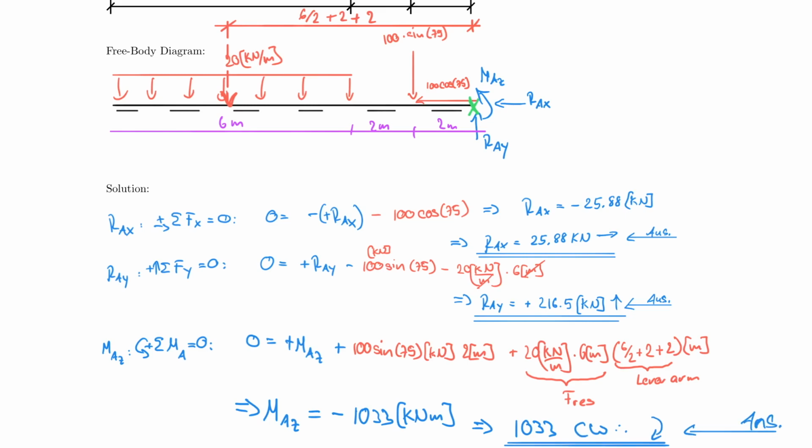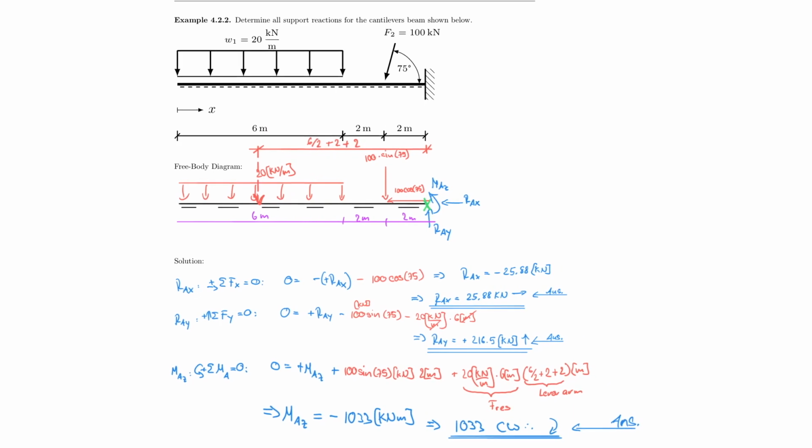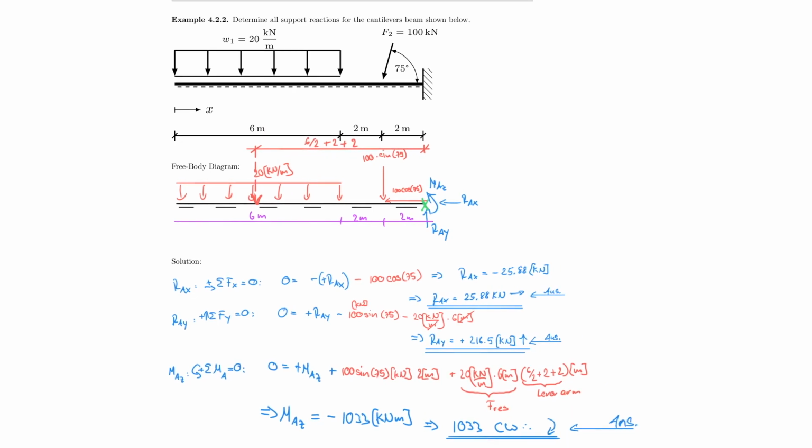And that completes the problem, because I now calculated all three support reactions at location A, as I called it. And the important thing to understand is that this support resists all three different types of forces and moment, or two forces and one moment.